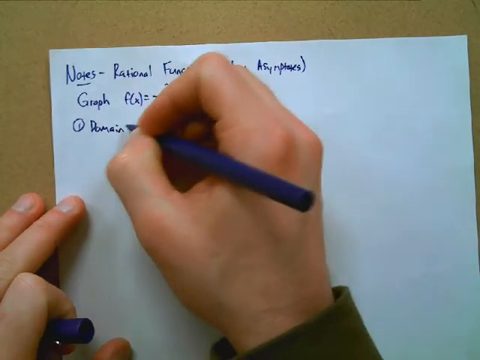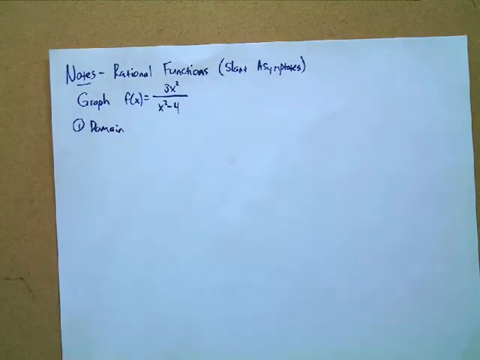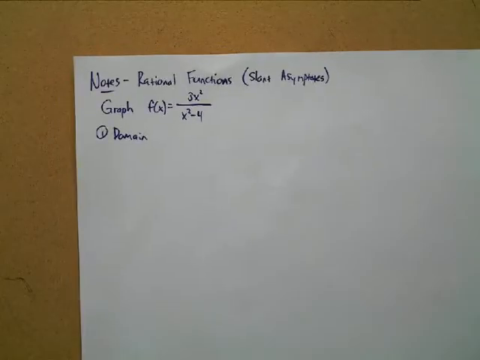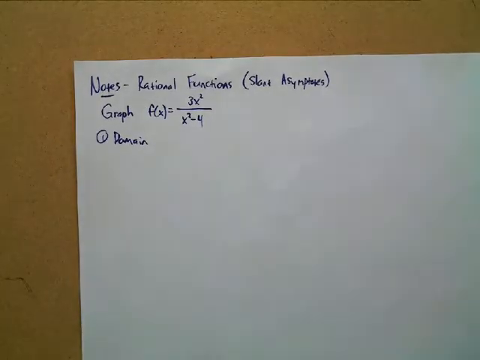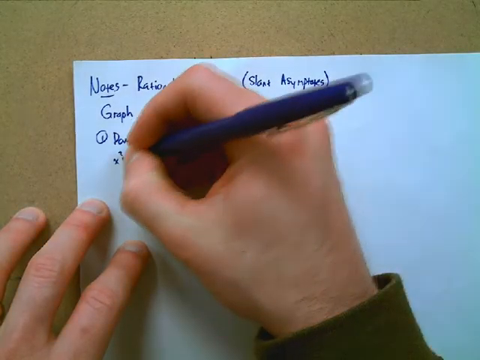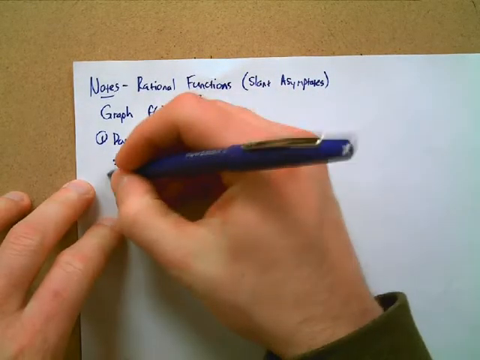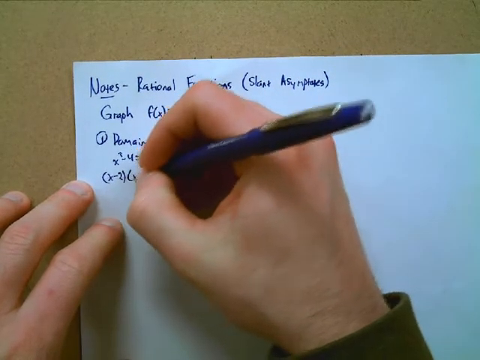We'll identify that domain first. So, Emma, do we have any domain restrictions here? Can we potentially divide by 0, for example? Yes. Okay, so for what values here will we be dividing by 0? Yep.